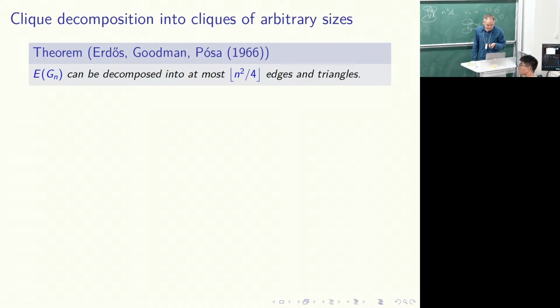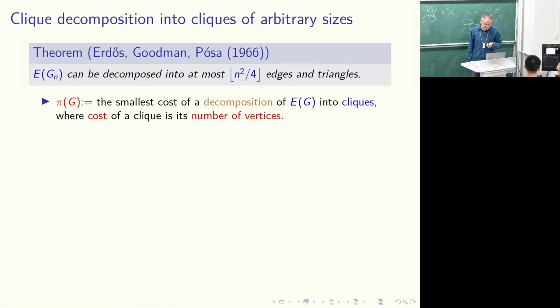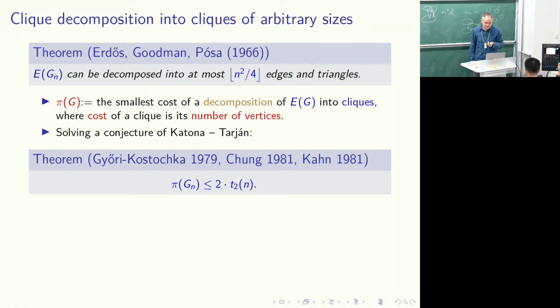The other result that I want to talk about is when we don't restrict the decomposition, when we don't restrict the clique sizes of the decompositions. So now we allow decomposition into arbitrary cliques. We also have a cost function. Initially, let's have the cost of a clique be its number of vertices. Then the problem is reasonably easy.